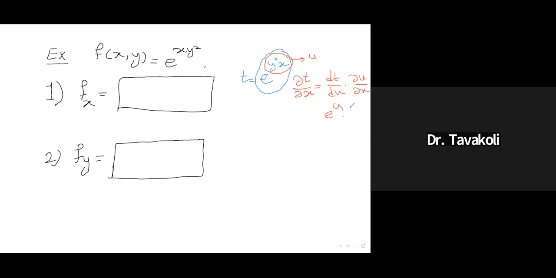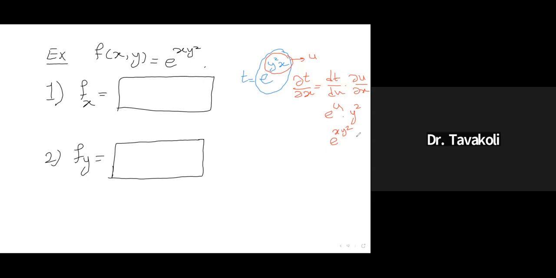The derivative of u with respect to x is just y squared, because I deal with y squared as a constant. Now, what was u? u was y squared x. So the answer is e to the power of y squared x, or xy squared, times y squared.